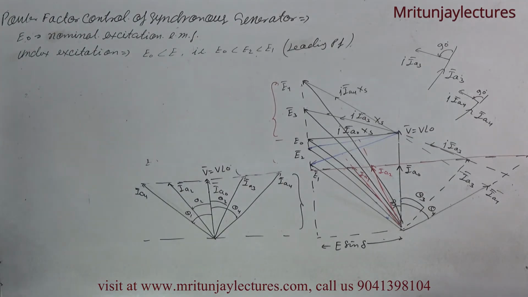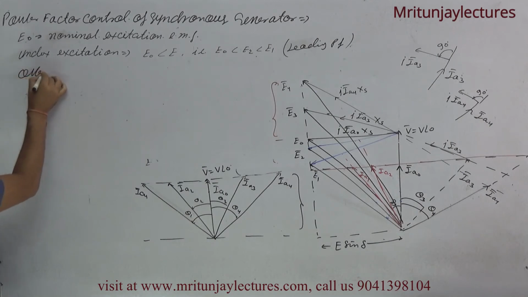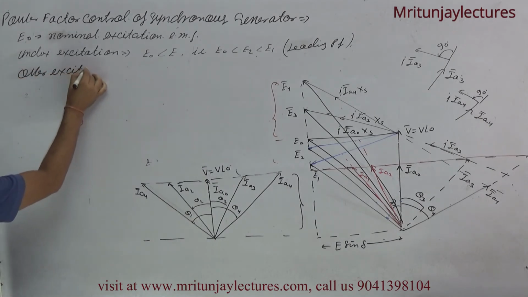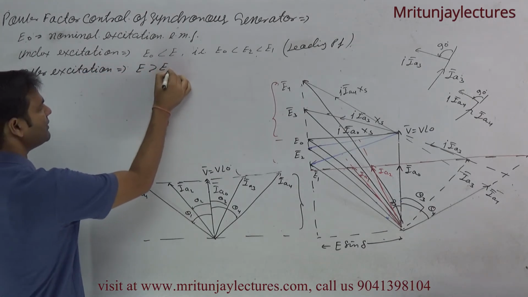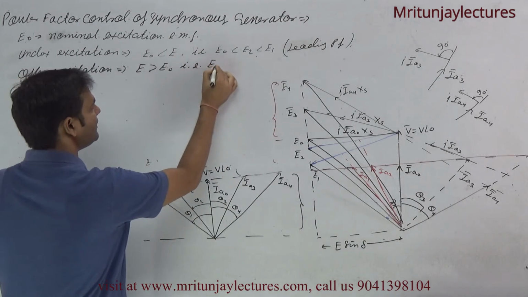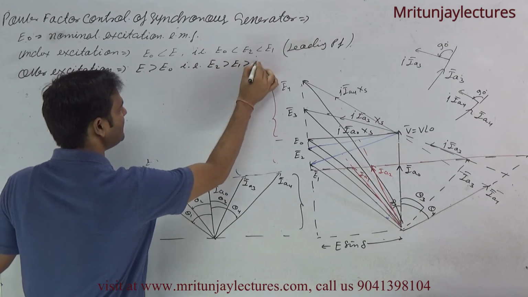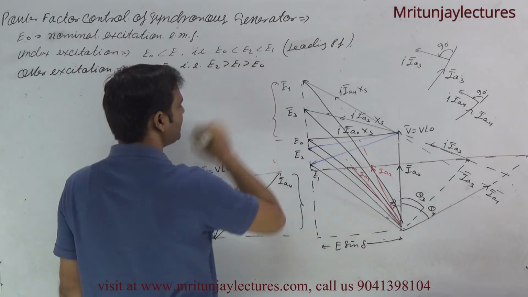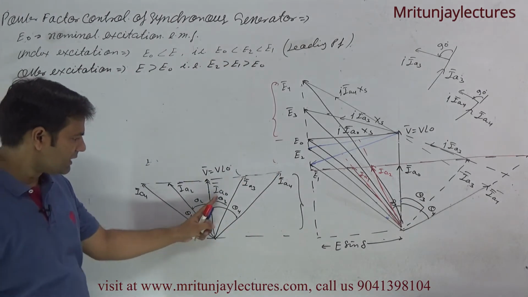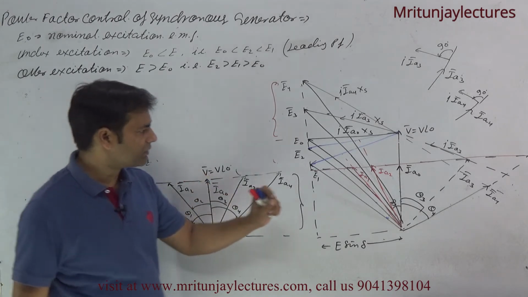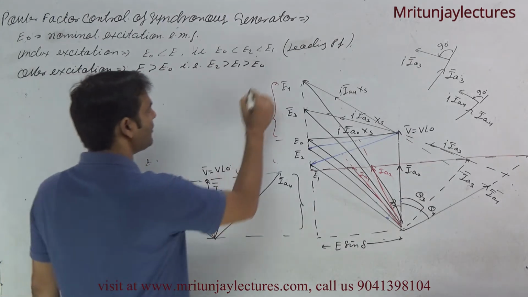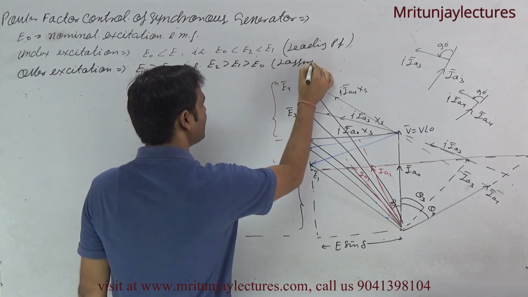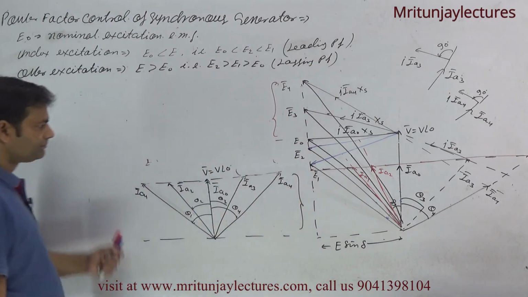Now another way, over excitation. In this region, E is greater than E naught, that is, E2 is greater than E1 is greater than E naught. Okay. What about current? IA3, IA4 are lagging corresponding to V. It means that is lagging power factor. Clear?